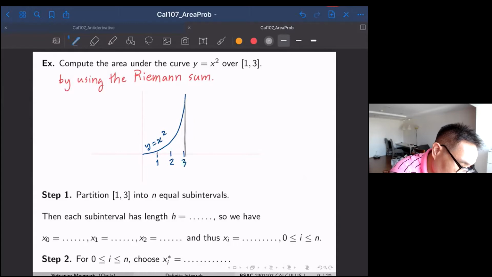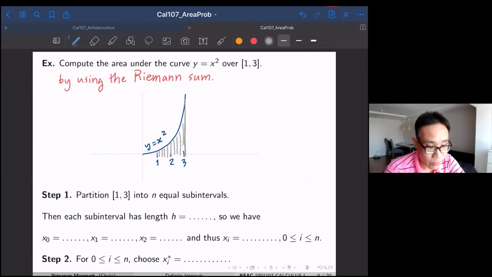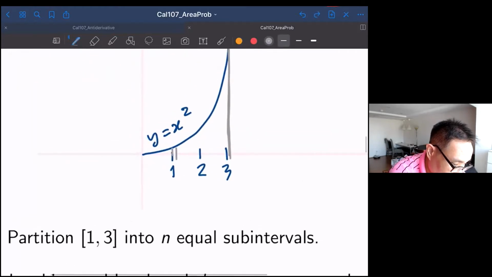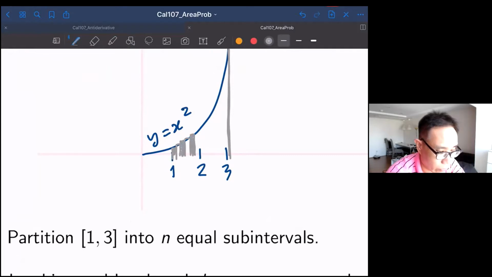You're going to subdivide this interval into small pieces. Let me make this larger so you can see more clearly. You get small rectangles: this rectangle, this rectangle, this rectangle, and so on.